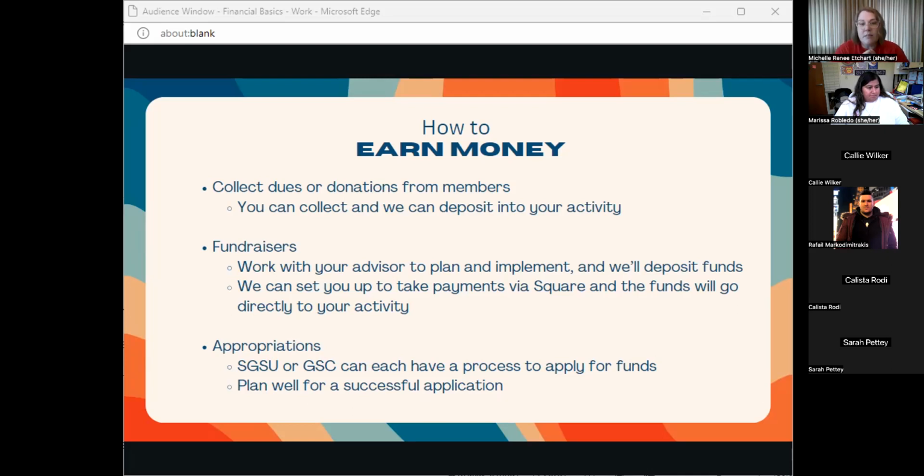The thing I want to say about this is it's really important to plan well for a successful application. Regardless of what the process is, clubs are more successful when they come with, we have this particular purpose, we've fundraised this amount. If you have done your own fundraiser, you're more likely to get the full amount.